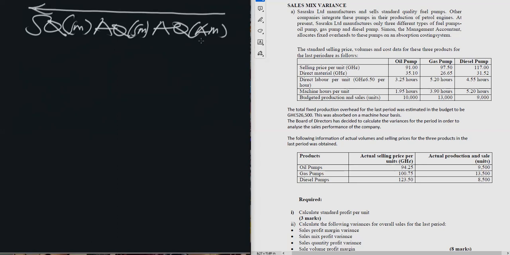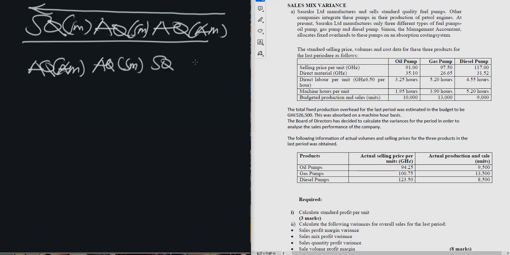So for sales, I will rather start with AQ, because I'm going this way: AQ AM, AQ SM, and SQ SM, right?